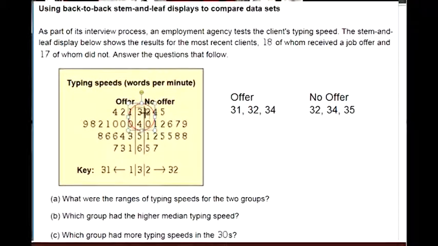Okay. So 30 comes from the 3 here in the middle.